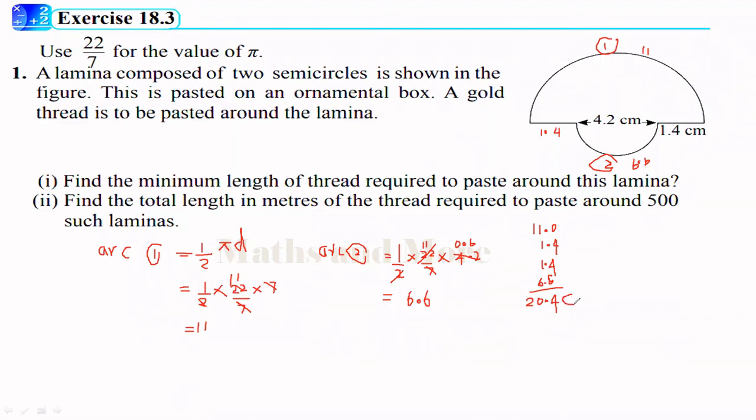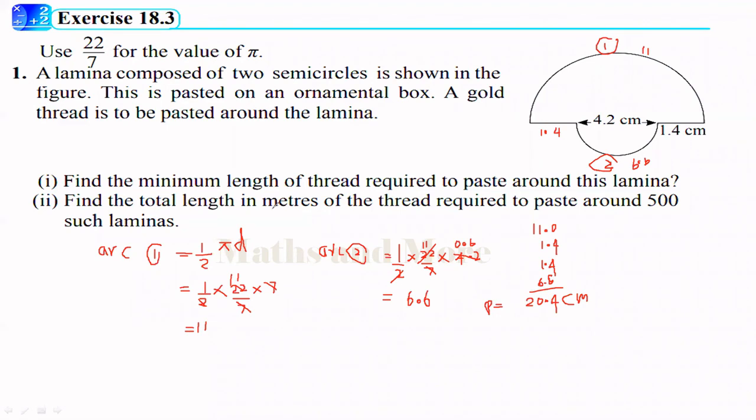Therefore, the perimeter is 20.4. 11 can be written as 11.0, otherwise you will get wrong answers. That is why I wrote 11 as 11.0, because in the other values decimal places are there. If you write it as 11.0, calculations are easy. So this is Roman number 1, the perimeter. They ask about the perimeter in Roman number 1.